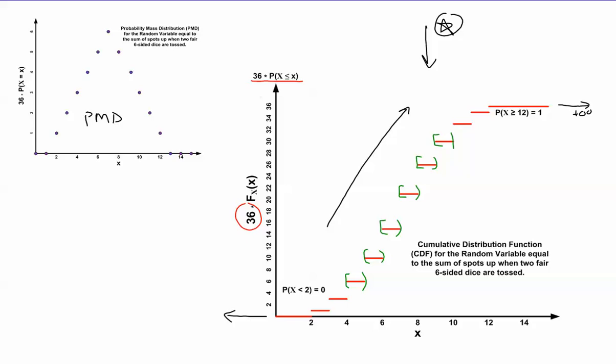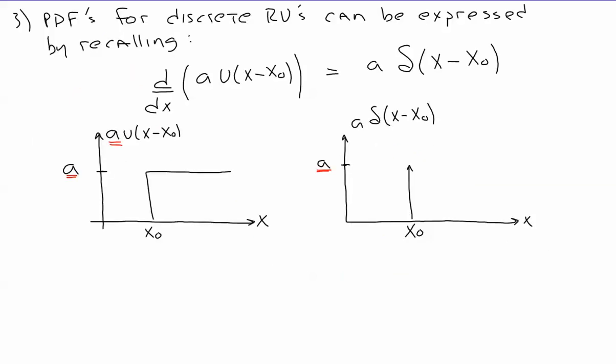So let's use this property and come up with the probability density function for that particular random variable. Toss 2 fair dice. My random variable is add the spots up.